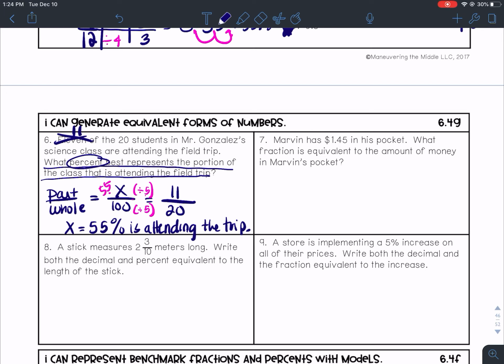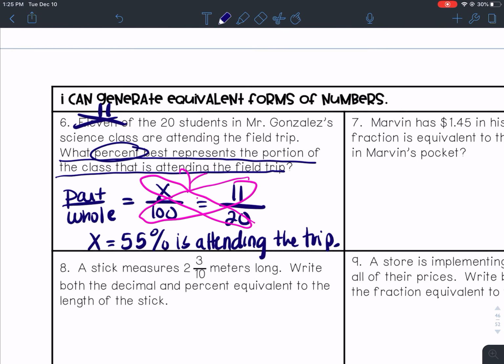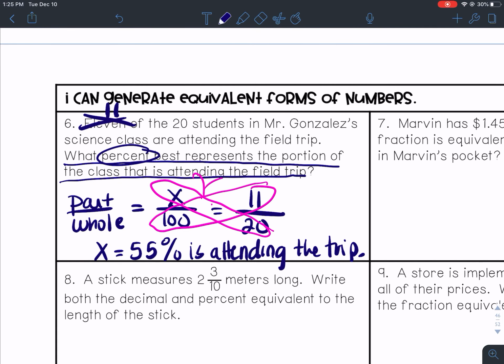Okay. You could also, if you want, I'll erase that. You could have also done the butterfly. That's also another way. That's the way we did it, right? I was just trying to make it a little bit easier. But if it helps you or it makes more sense to do the butterfly, you would do it like this. And it would be, wow, yeah, you guys are going to have to do it on another sheet of paper. 100 times 11 equals 20 times x.